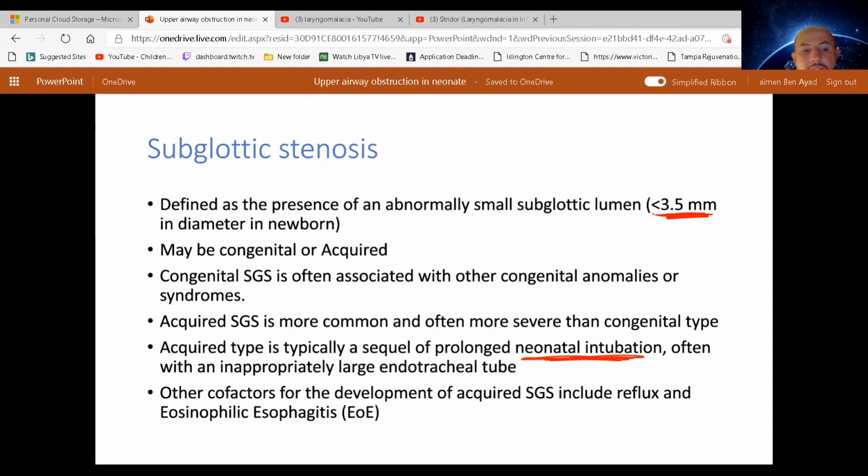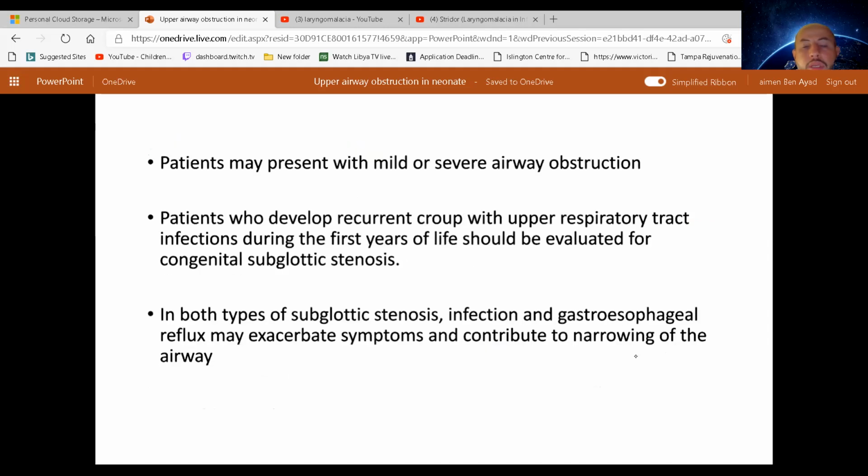The cofactors for development of acquired stenosis include reflux, esophagitis, or eosinophilic esophagitis. The presentation varies from mild to severe airway obstruction, maybe recurrent respiratory infection or recurrent croup.